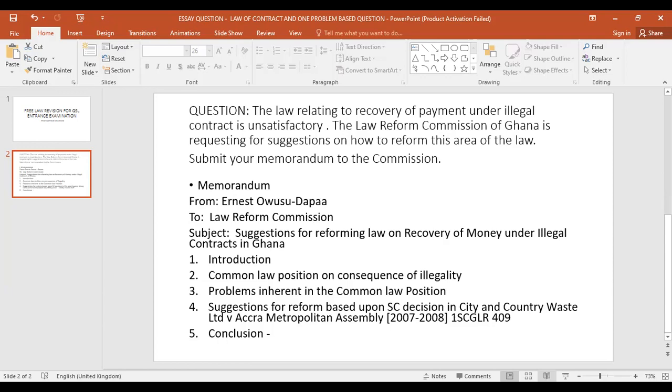And then, of course, you have your conclusion. So this is the answer plan. Without wasting time, let's attempt to expand each of these. In terms of introducing this memo, as I've indicated, we have to declare our intention. Why are we writing?